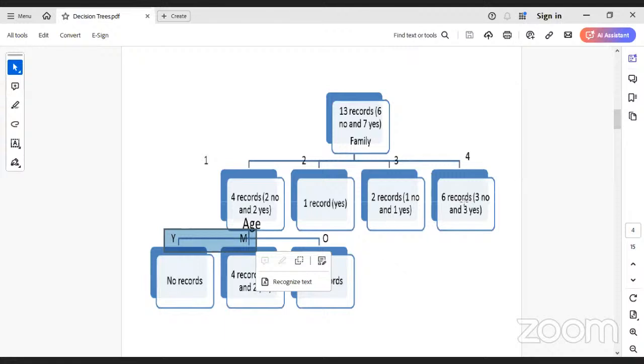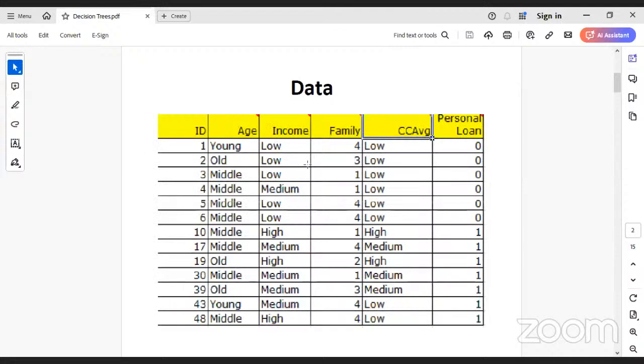Coming to category 4, we have 6 records. The first one is young, the second and third are middle, then young, middle. So there is no old here. We have records of 4 middle and 2 young, and again there are no records of old. So this is how the data is spread. There is no need for us to think much, because the algorithm works in a similar way.